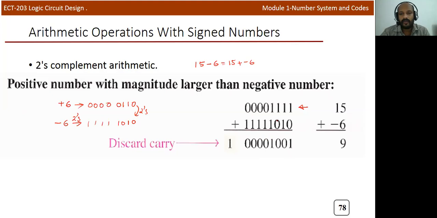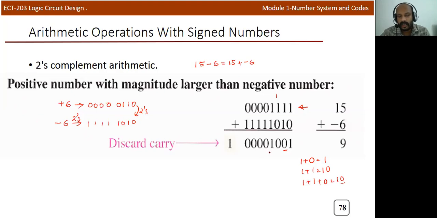Now we can add. Instead of subtracting we will add. That is the concept, 15 plus minus 6. So we got the two's complement representation of minus 6. Now if we add, here it is 1 plus 0, which is equal to 1, and 1 plus 1 is equal to 1 0. So you'll put 0 here, then there will be a carry 1. Now it is 1 plus 0 plus carry, which is again 1 0.